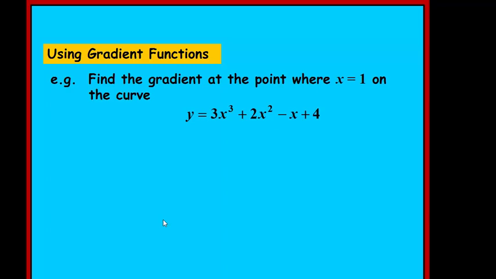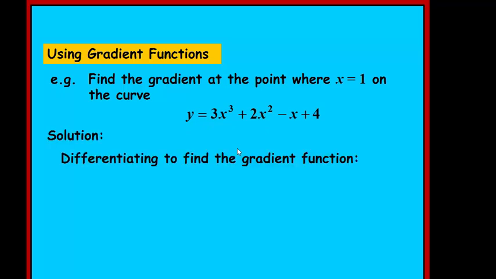Okay, so to find the gradient at a point where x equals 1 on this curve, we differentiate to find the gradient function and then drop the power by 1. So 3 times 3, drop the power by 1, gives us 9x squared. 2 times 2, drop the power by 1, gives us 4x.